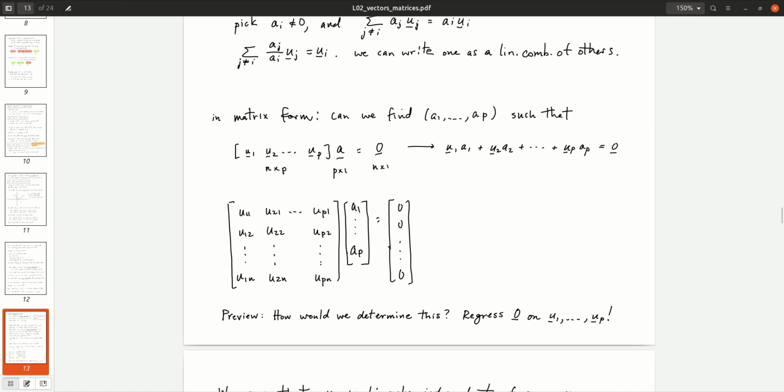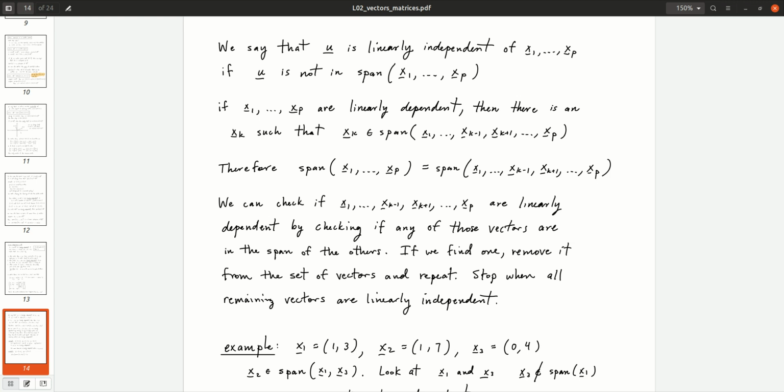You would regress this 0 vector on these columns and see if you can get a set of coefficients such that all the residuals are 0. So that's just a bit of a preview. If that doesn't make sense at this point, that's fine. But this is just to motivate why the study of this topic is important.